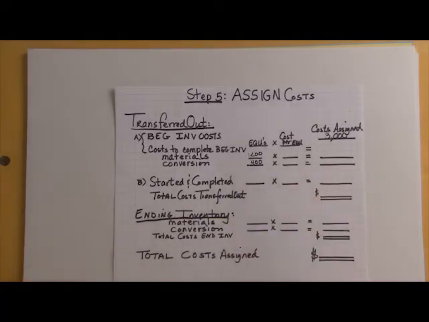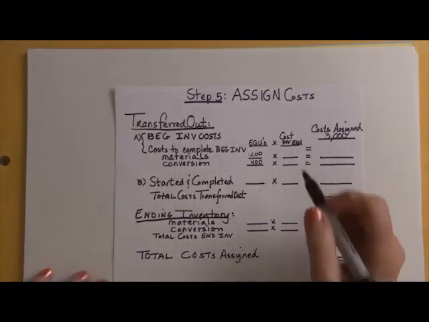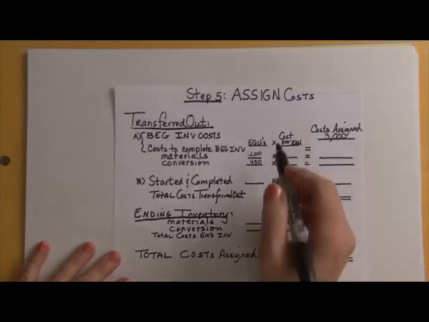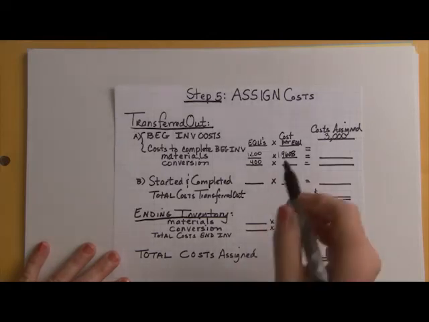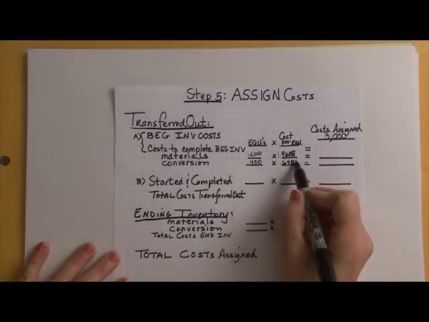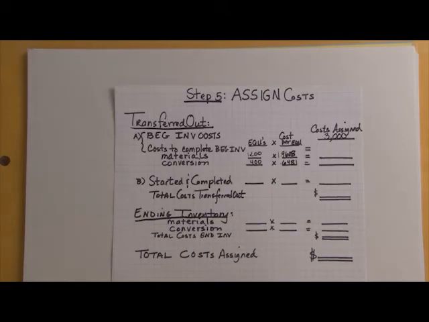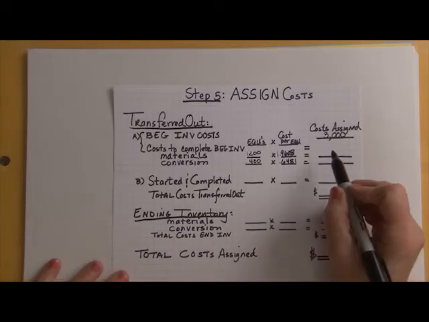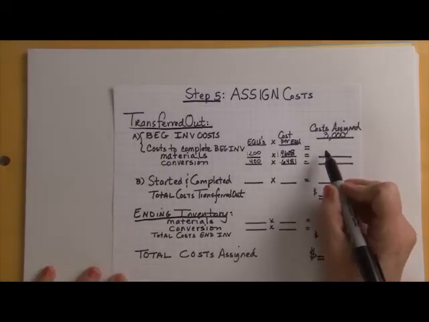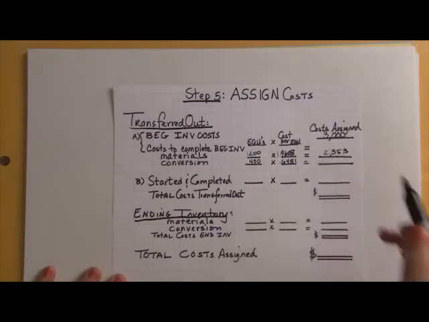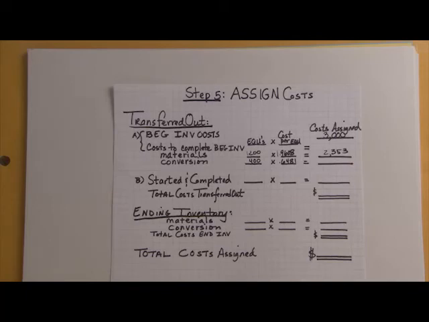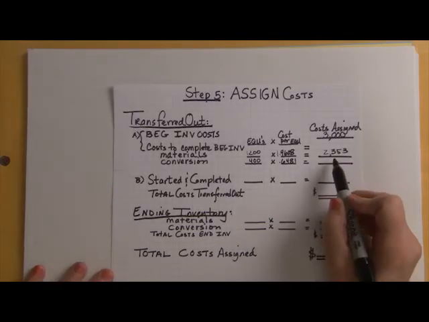Then we simply use our cost per equivalent unit that we computed in the prior step. The 400 units had to do with conversion. We calculate these 2 numbers and get 2353. When we take the conversion EQUs times the cost per equivalent unit, we get 259.